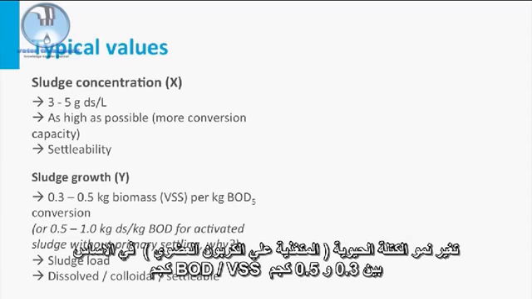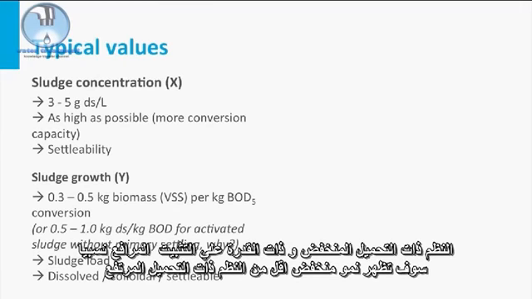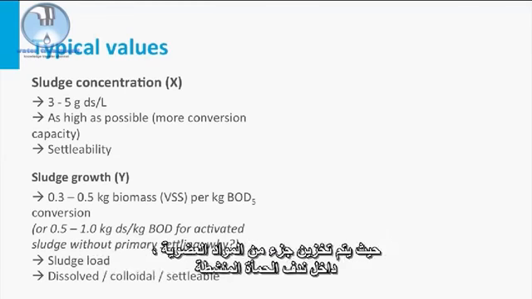The growth yield of heterotrophic biomass is in principle between 0.3 and 0.5 kilograms VSS per kilogram BOD. Low-loaded systems with relatively high endogenous respiration will show lower yields than high-loaded systems, where part of the organics is stored within the activated sludge flocks.